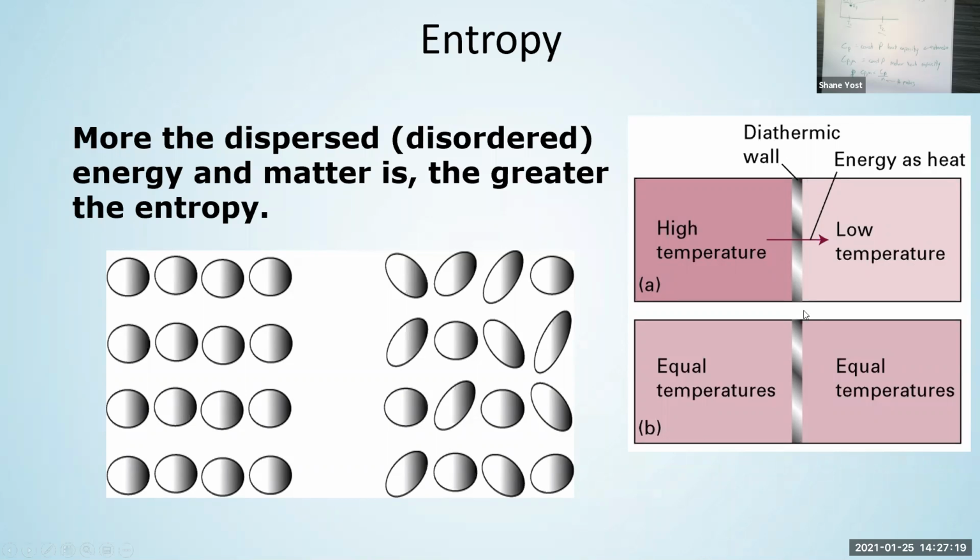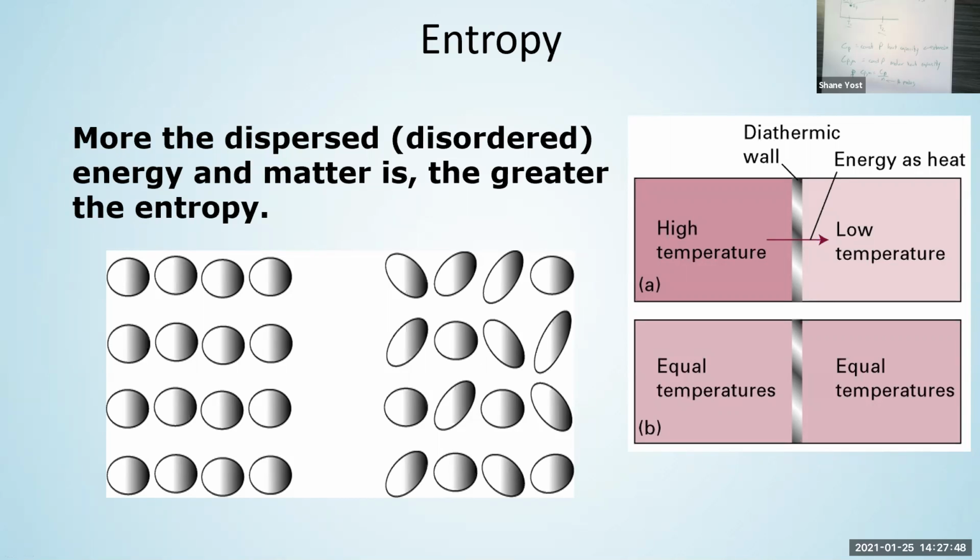And then here, if you have a high temperature object and a low temperature object, in this situation you have an overall lower entropy system compared to if this thing equilibrated and some of the energy was transferred from the high temperature to low temperature, at equal temperatures between the two. That will have a greater entropy than the system up above because the energy is dispersed over more molecules.